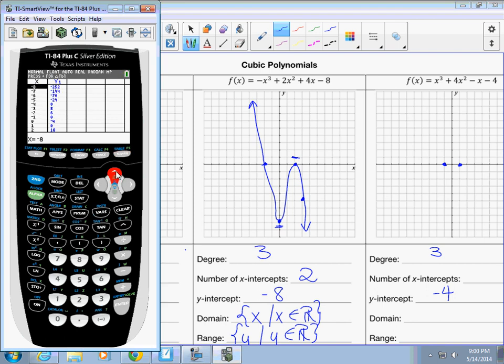So I can see the next one was -4, 0. Why does this one look like it's saying X? Oh, that's an 8. Okay, I couldn't tell from there. Okay, so -4, 0.